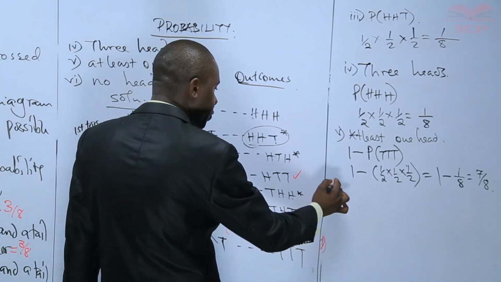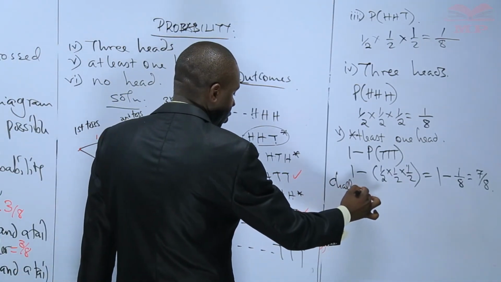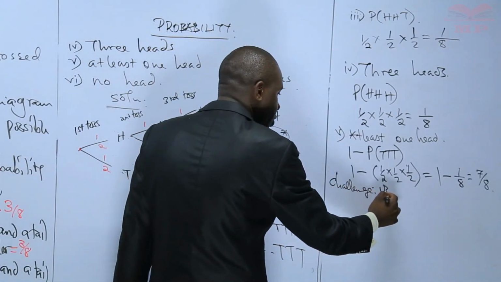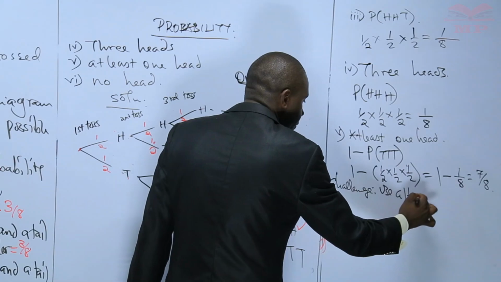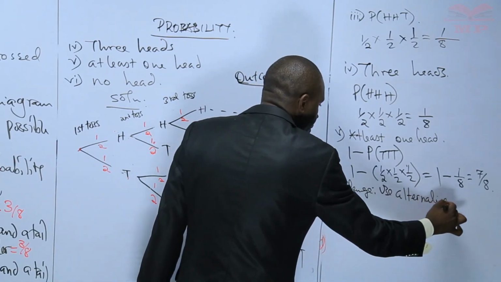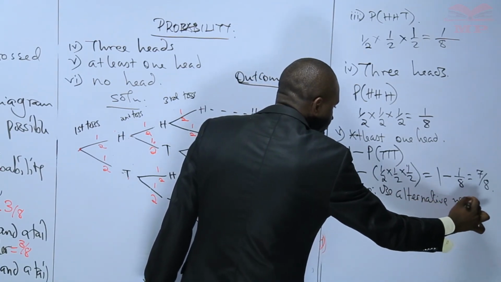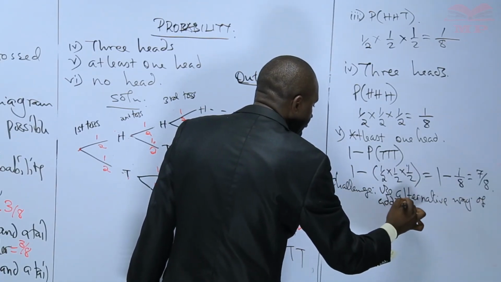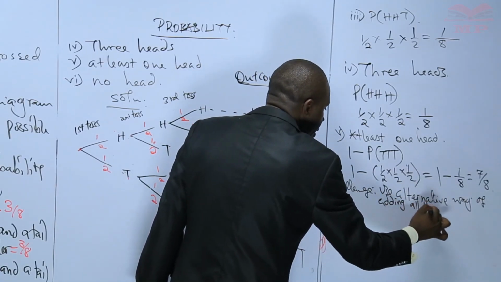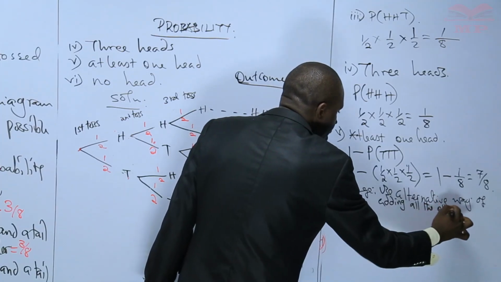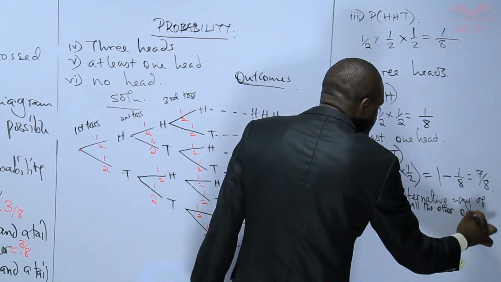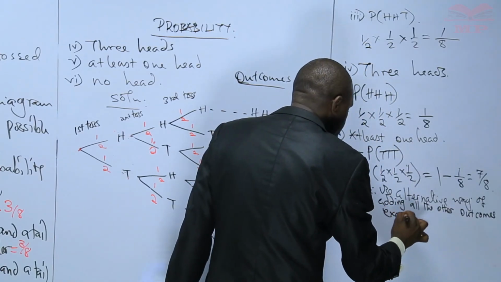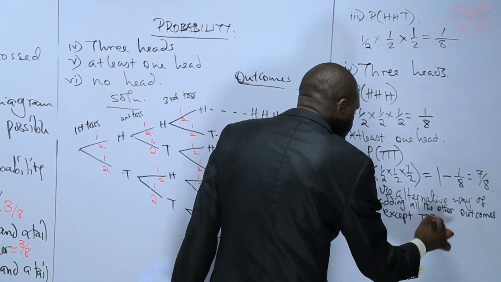But I want to challenge you. Challenge. Can you use the alternative way of adding all the other outcomes except tail, tail, tail?